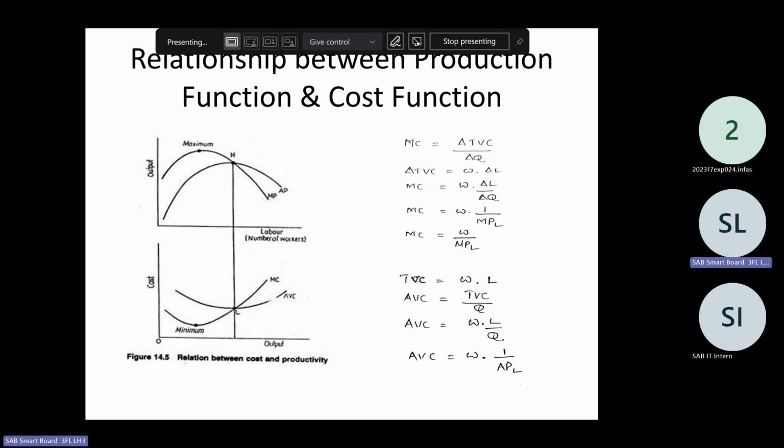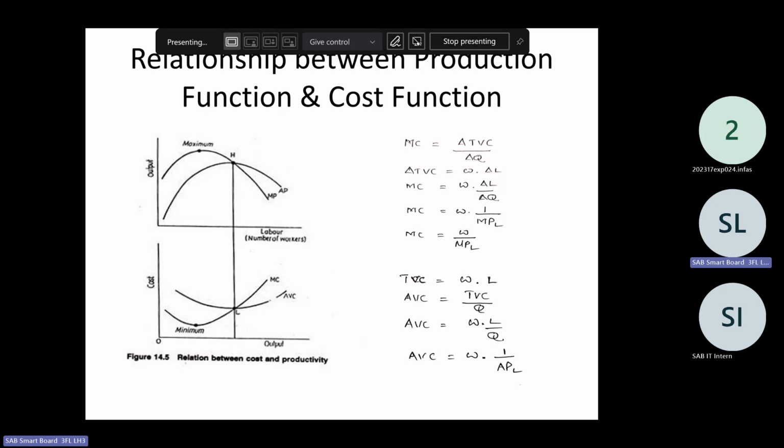And we take the variable cost, so average variable cost, which is related to the average productivity of labor. How do we explain the variable cost? Variable cost means what we pay to the labor: the number of labor inputs times the wage rate.